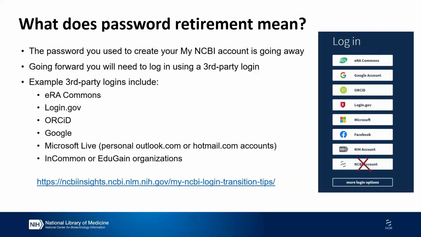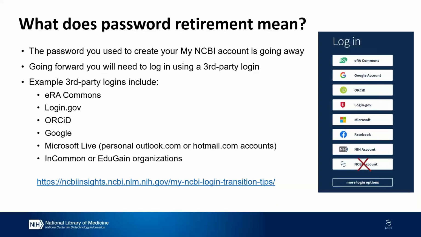Some examples of third-party logins are ERA Commons, Login.gov, which is available to you whether or not you're in the US. It's available to anybody. Orchid, Google, Microsoft Live, and this means your personal Outlook or Hotmail.com account.